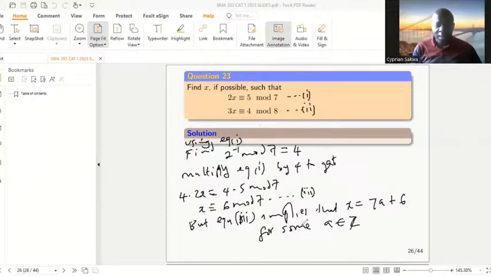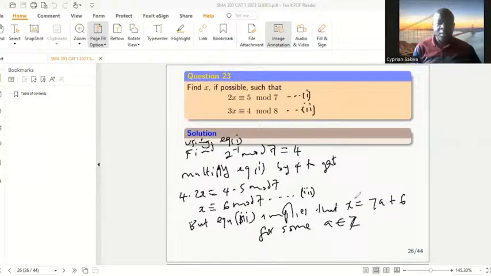So what I mean, this equation means that if 7 divides x, you get something I'm calling a, and the remainder of 6. That's what I've just put.